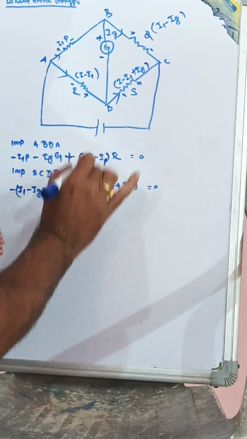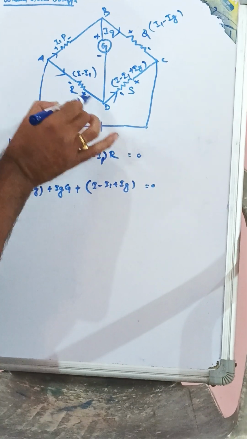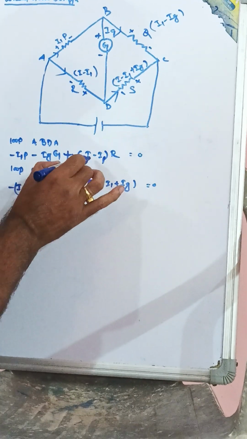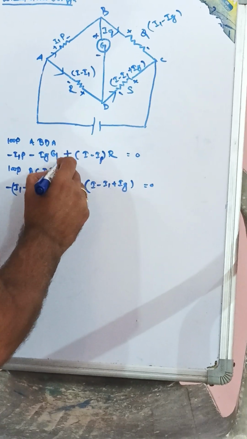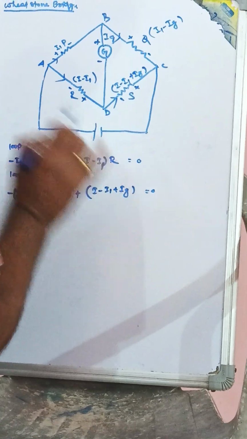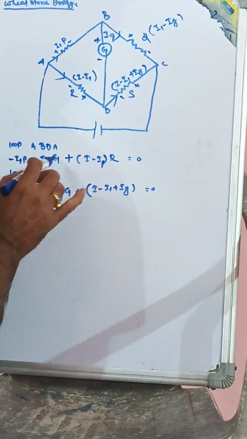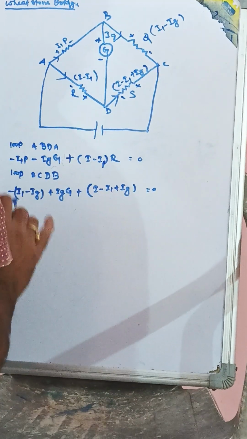Moving from minus to plus, plus Ig G. Okay, (I minus I1) into R.